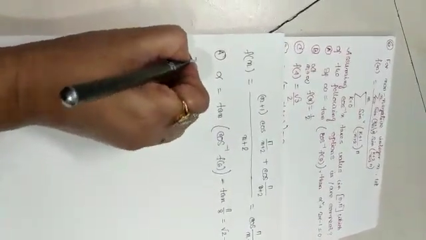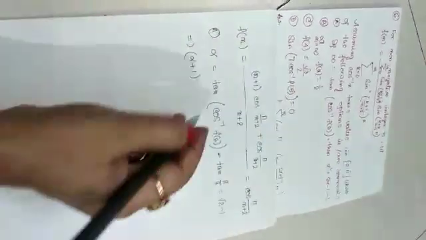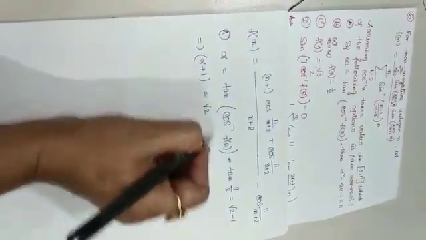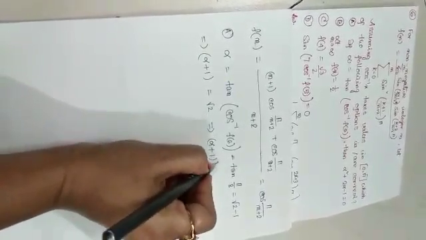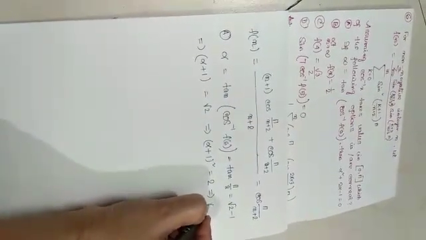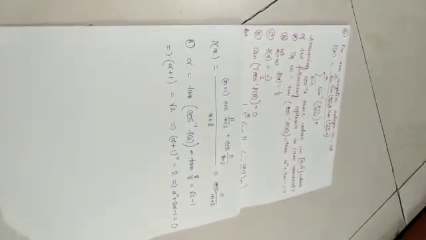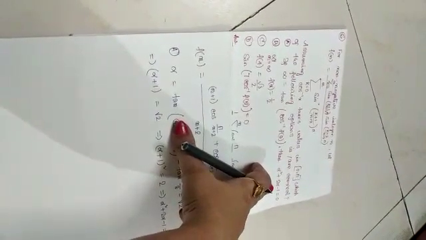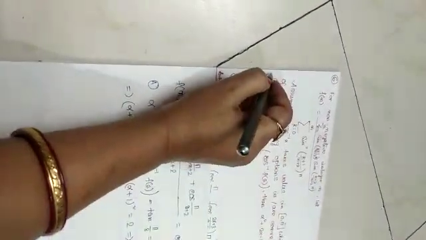Root 2 minus 1 implies alpha plus 1 is equal to root 2, implies alpha plus 1 whole square is equal to 2, implies alpha square plus 2 alpha minus 1 is equal to 0. Therefore we get our option A, and that is right.